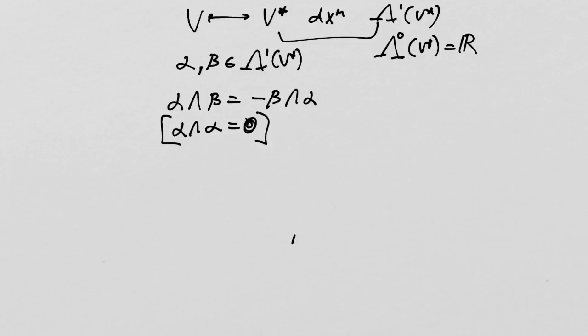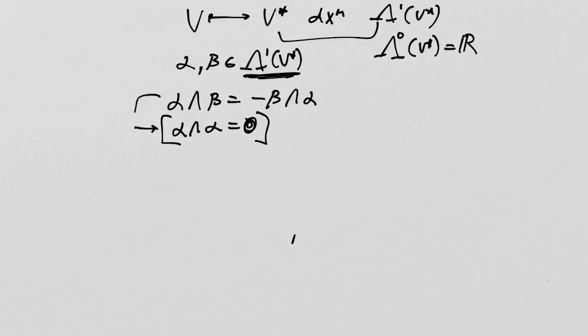Alpha wedge alpha is 0 when alpha is an element of the first exterior power, if it's a one form. If alpha is a one form, any one form wedged with itself will give you 0. But that's not necessarily true for higher forms, right? So just keep in mind, because this is a very familiar thing to see, and it's a mistake to interpret it to be true for higher forms. But it is true for one forms.